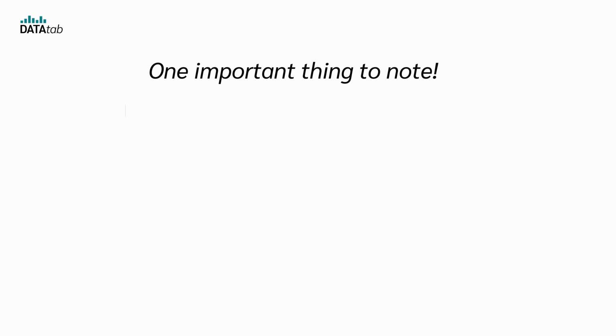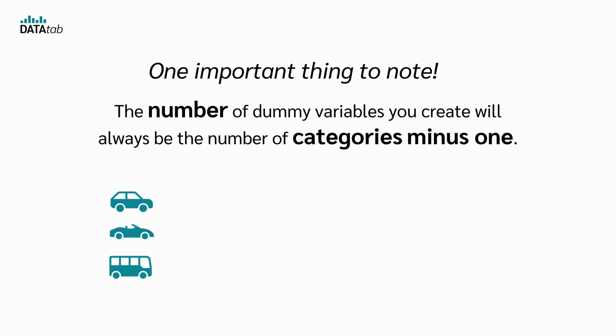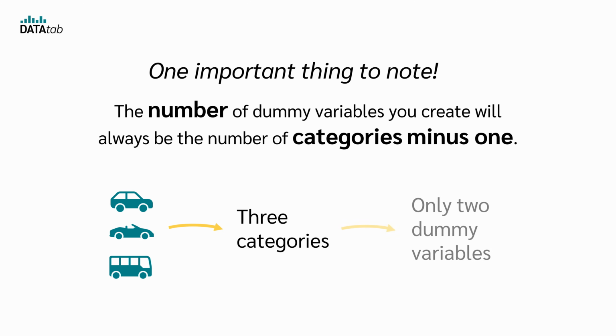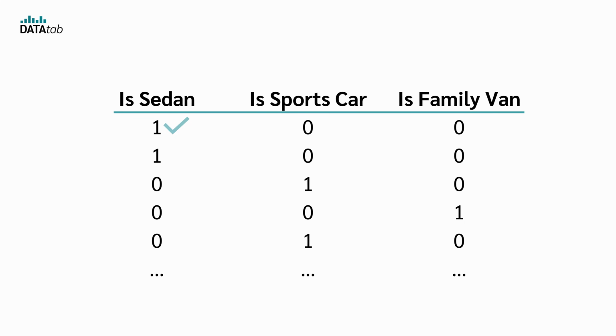One important thing to note: the number of dummy variables you create will always be the number of categories minus 1. So in our case, we have three categories, so we basically only need two dummy variables. Why is that the case? If we know a vehicle is a sedan, we automatically know it is neither a sports car nor a family van.